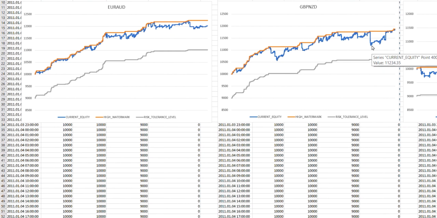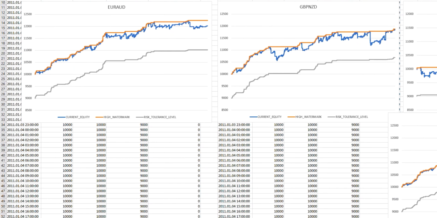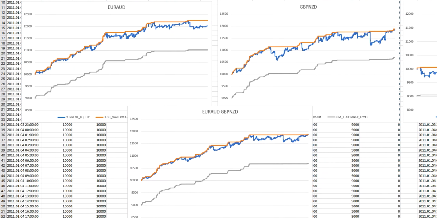So let's now start to look at what the effect is of trading these as part of a mini portfolio. Over here, I have a chart that represents trading Euro Aussie alongside Pound New Zealand dollar in that same account. And hopefully you can see that on average, the drawdowns look smaller than both Pound New Zealand dollar on its own and Euro Aussie on its own.